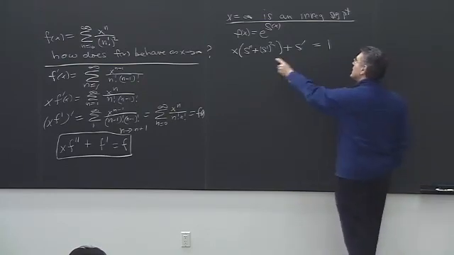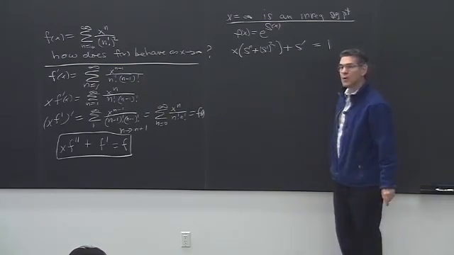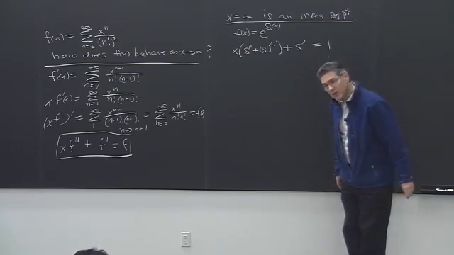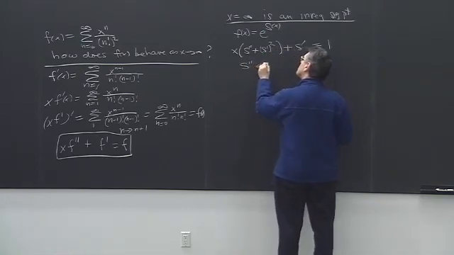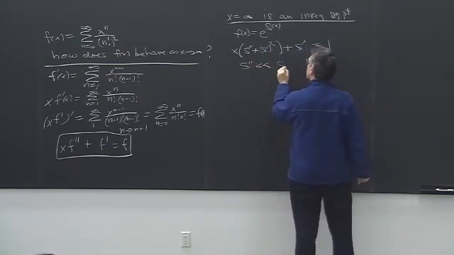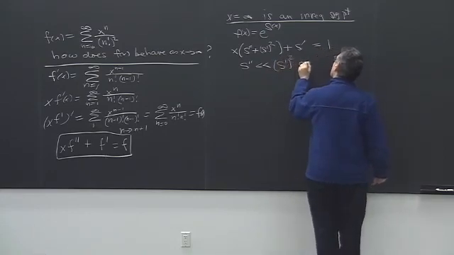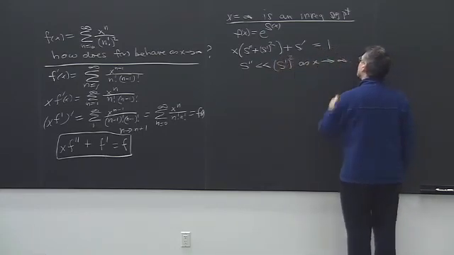Now, this is an equality, and it's a horrible equation, and we can't solve this equation. However, we expect that s double prime will be negligible compared with s prime squared as x goes to infinity.